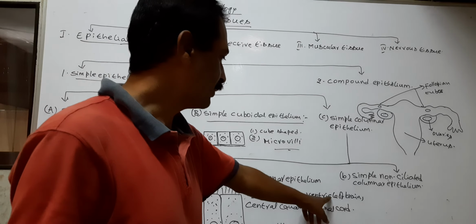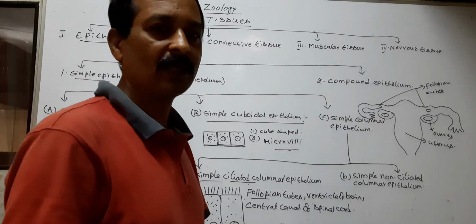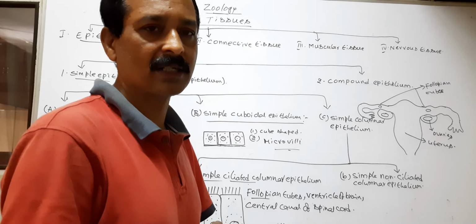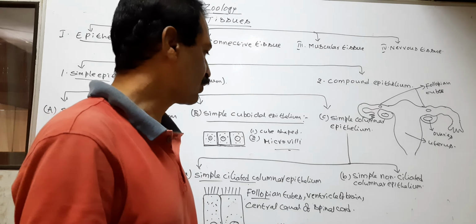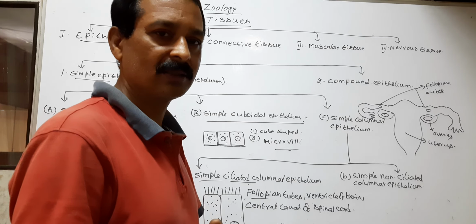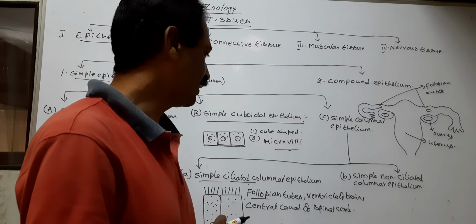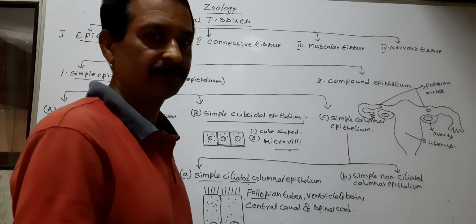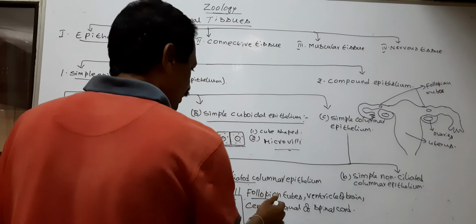The cavities of the brain and the central canal of the spinal cord contain a fluid-like substance called cerebrospinal fluid. The cerebrospinal fluid moves from the brain to the spinal cord. In this movement, the simple ciliated columnar epithelium helps. So this is simple ciliated columnar epithelium.